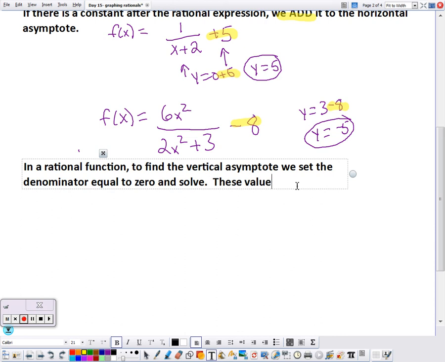These values would make the denominator 0, and basically we wouldn't be able to evaluate the function.